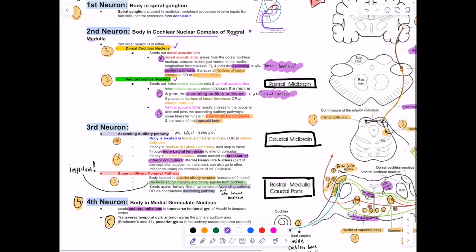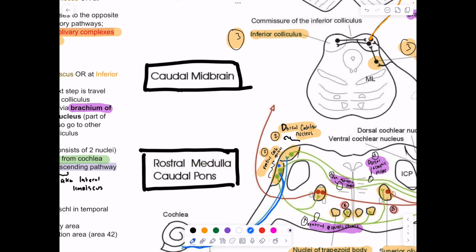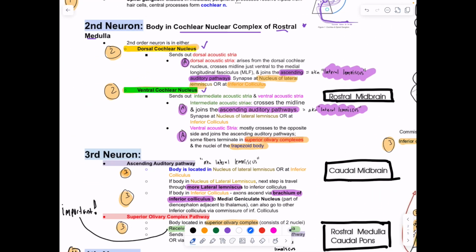Okay, and so that would be here if we trace it along. First neuron coming in, and then it's going to synapse in either the ventral cochlear nucleus or the dorsal cochlear nucleus. All right, and so that brings us to our first split.